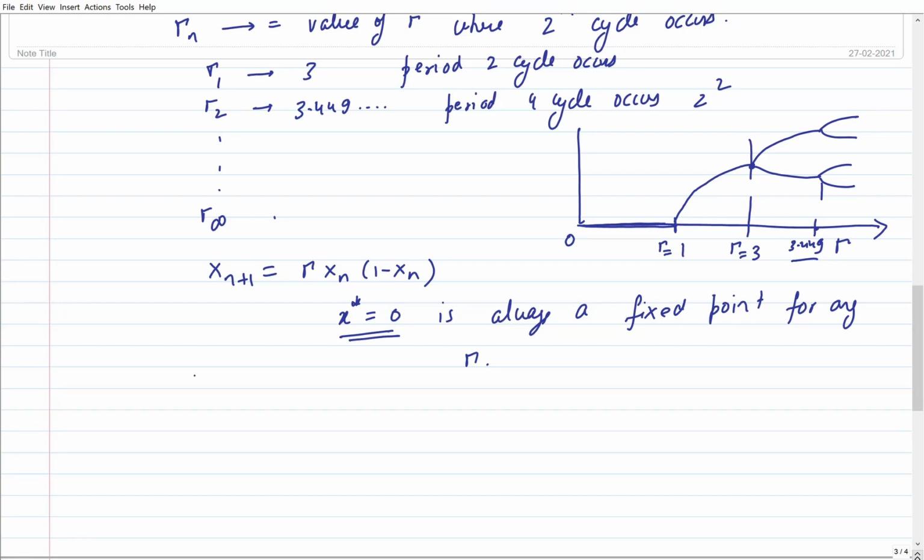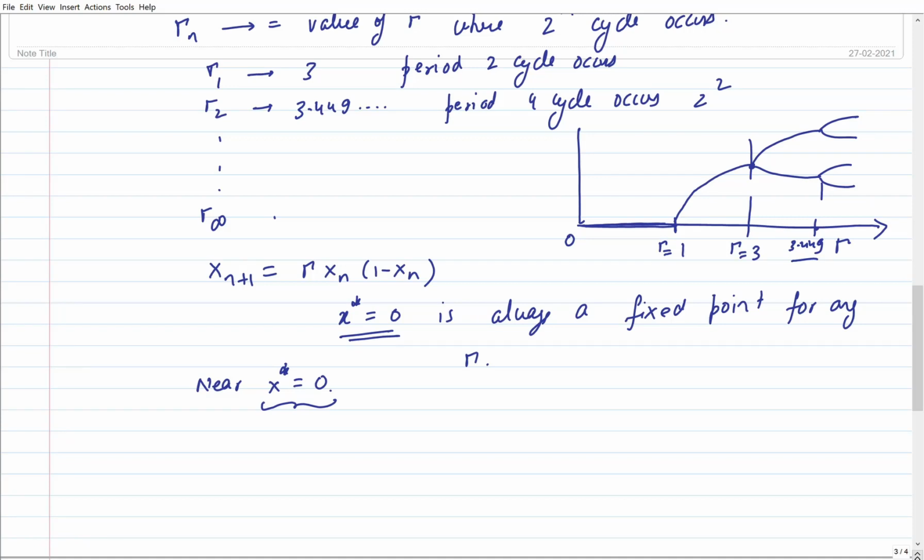So what happens near this fixed point? I'm going to neglect the quadratic terms, because near the value 0, the quadratic terms are second power of a very small number.